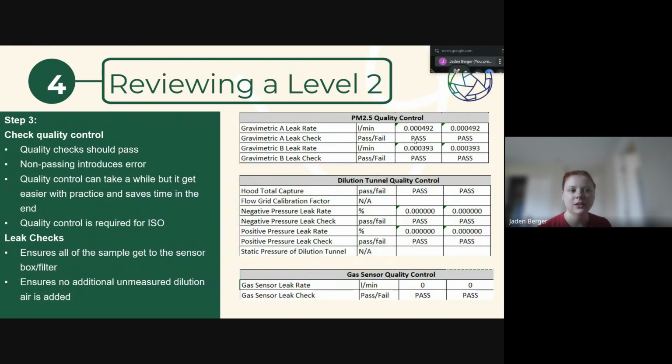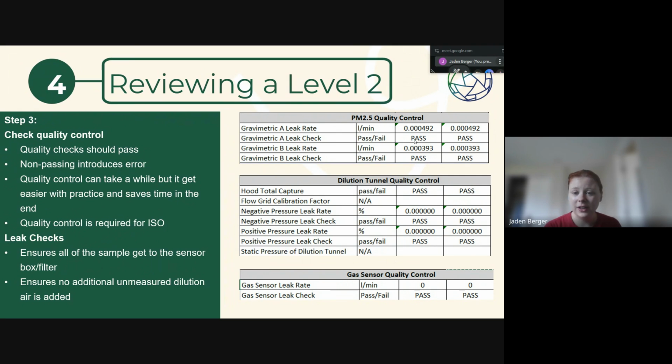And in the end, stuff like leak checks does save time, because if you do 5 tests and you don't do a leak check, and at the end you figure out that your system is leaking because all of your emissions are off and your carbon balances or your carbon ratio is wrong, now, instead of just taking 15 minutes to do a leak check, you've got to take a whole week to redo 5 tests.